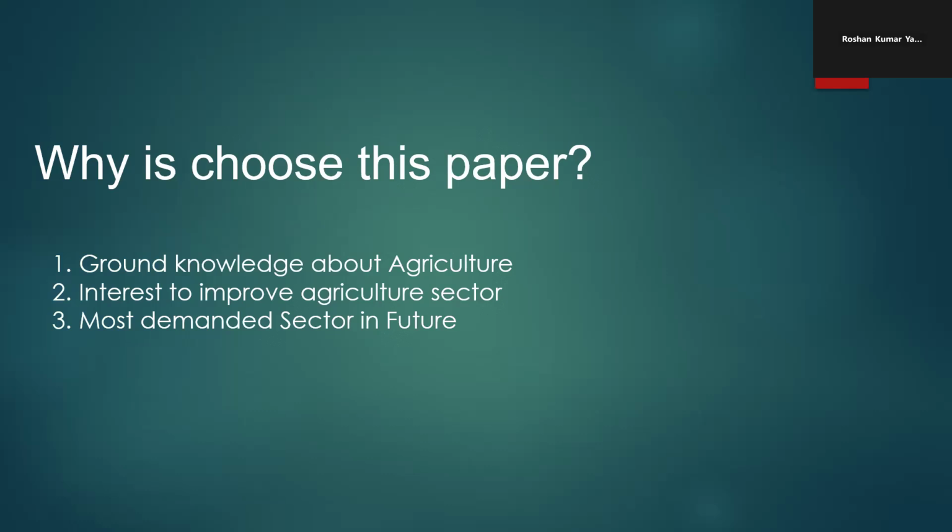Even in the near future, the modernization of agriculture will be more important, and the modernization of agriculture is only possible with the help of smart technology like machine learning and deep learning, because you can see that due to rapid population growth, the area is occupied by housing and industrialization, and there will be a lack of agricultural land.